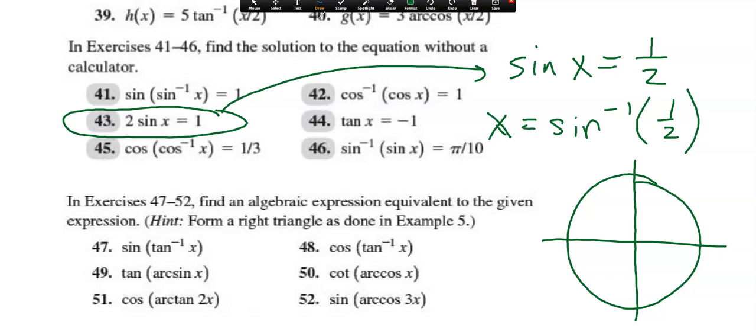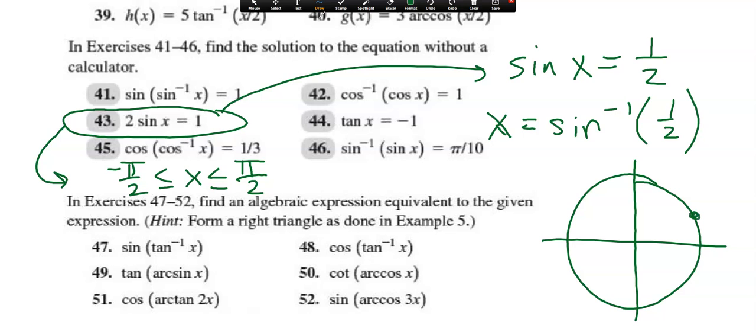I think it would be best if this particular question gave me some more information. Suppose they said something like this: negative pi over 2 is less than or equal to x, which is less than or equal to pi over 2. What answer would you give me?